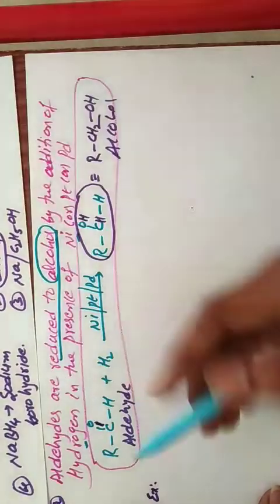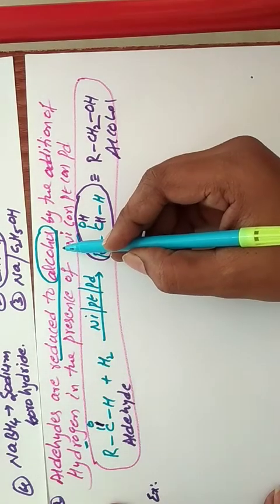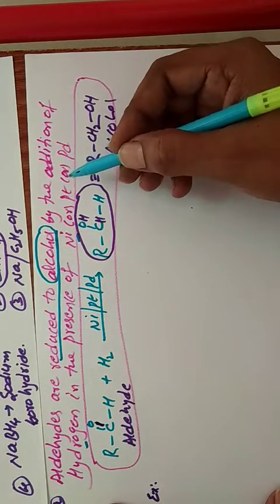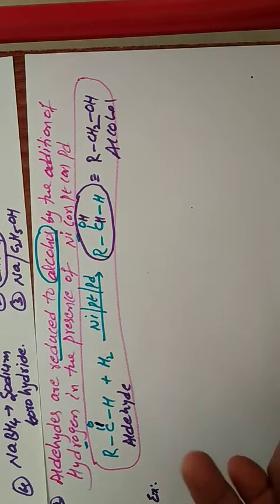Okay, so first we will write the statement. Acetaldehyde is reduced to ethyl alcohol by the addition of hydrogen in the presence of nickel, platinum, palladium. The same statement.